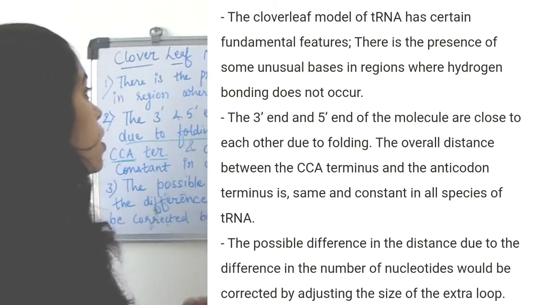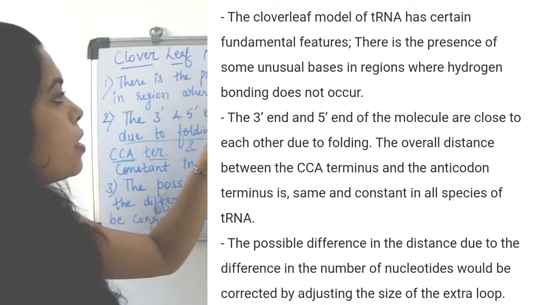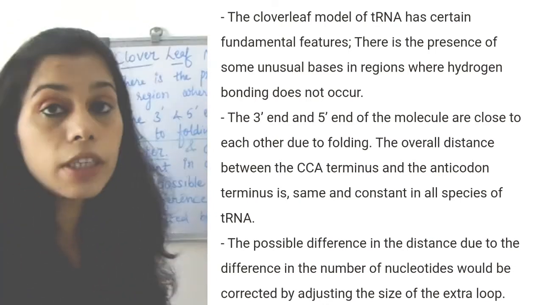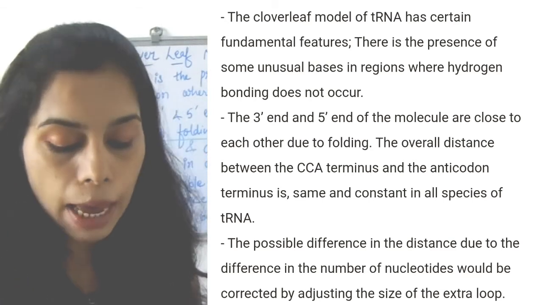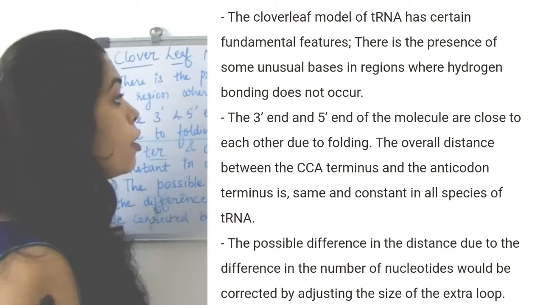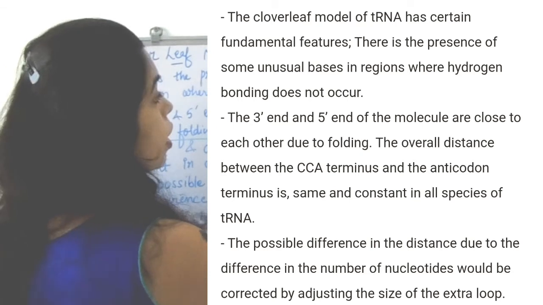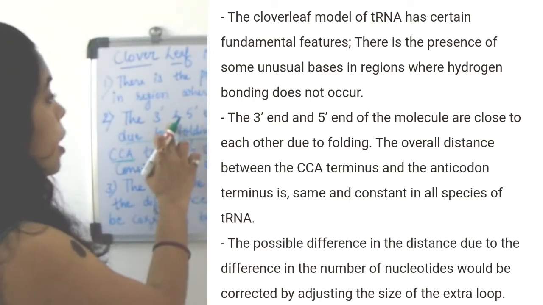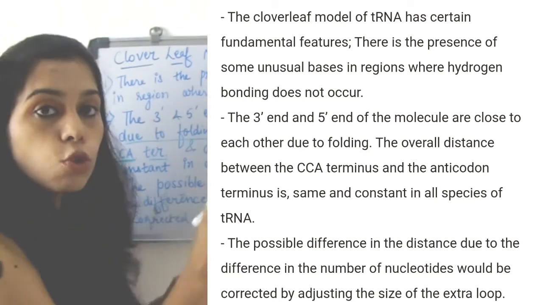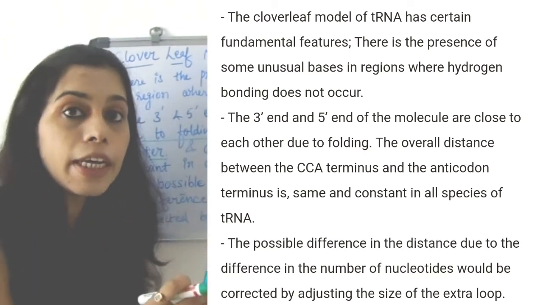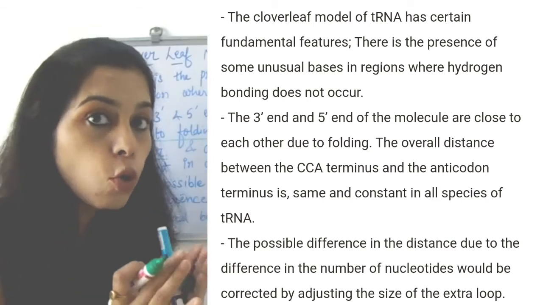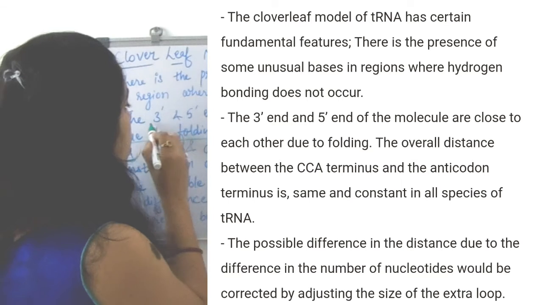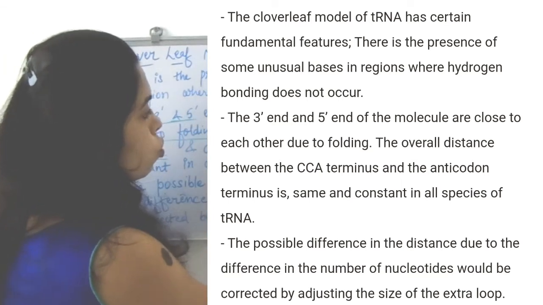The first point is there is the presence of some unusual bases in the region where hydrogen bond is absent. So जहाँ पर भी हाइड्रोजन बॉन्डिंग प्रेजेंट नहीं होगी वहाँ पर कुछ अनयूजुअल बेसिस देखने को मिल रहे हैं. The 3' end and 5' end are close to each other. जो 3' एंड है और 5' एंड है वो एक दूसरे के क्लोज हैं बिकॉज ऑफ द फोल्डिंग. Due to the folding, 3' end and 5' end are close to each other.